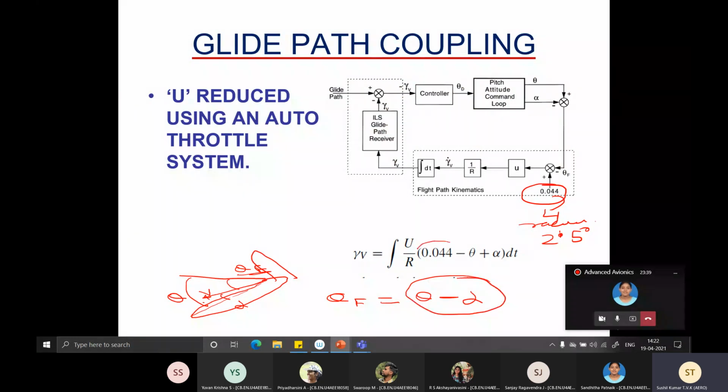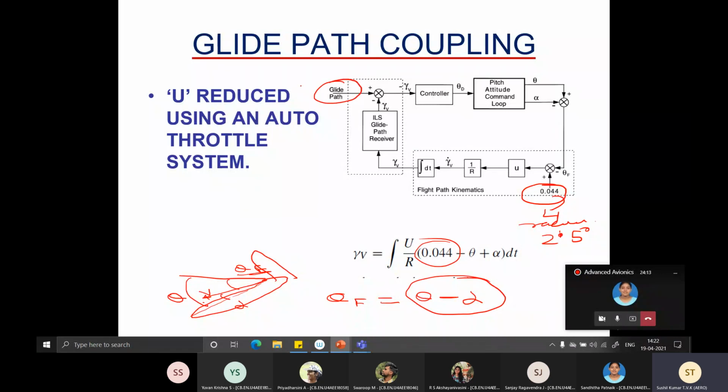Again, the sign conventions have to be properly taken care of, because this alpha can be above this or below that, depending on the orientation. And assuming that alpha is very small, we can approximate it to be 0.044 minus theta. So what's basically happening here is, in localizer we set it as 0.